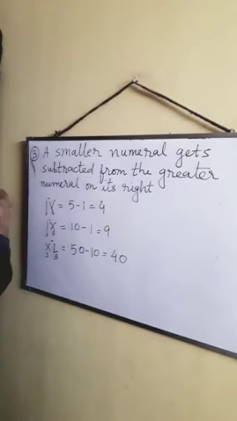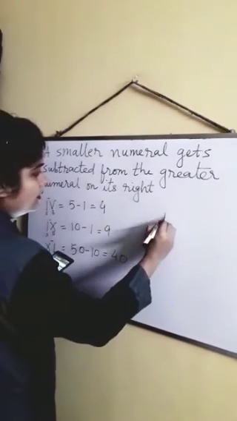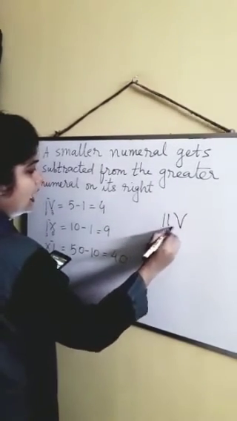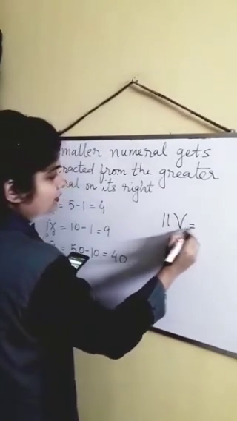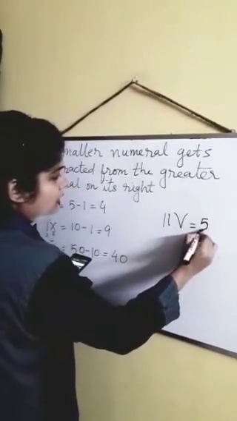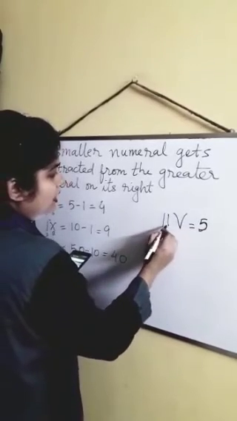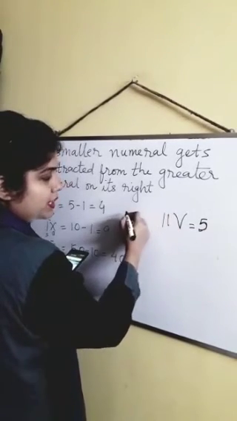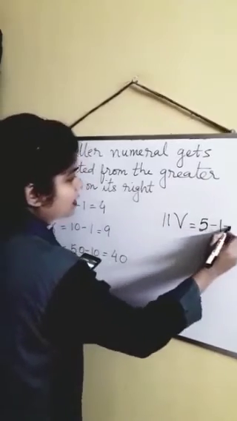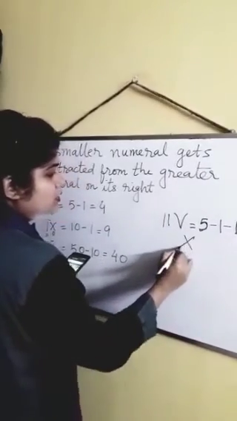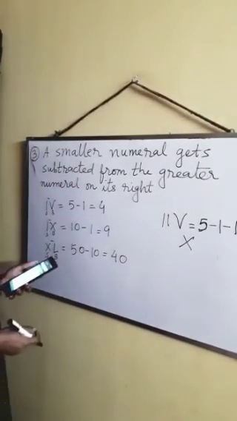Like we cannot write IIV, because V stands for 5, and these are smaller numbers, which means they should get subtracted. You cannot subtract minus 1, then again minus 1. No, this is wrong. You cannot do it this way.